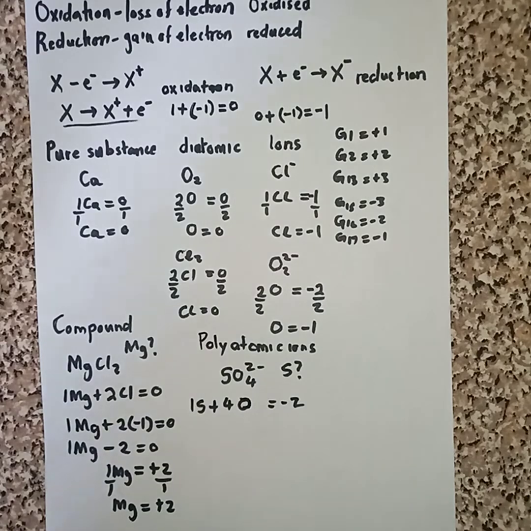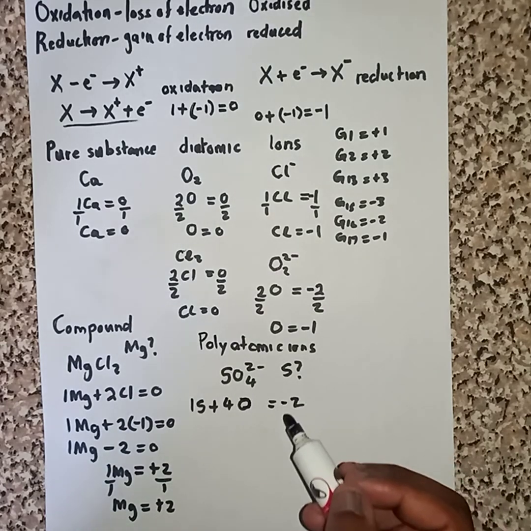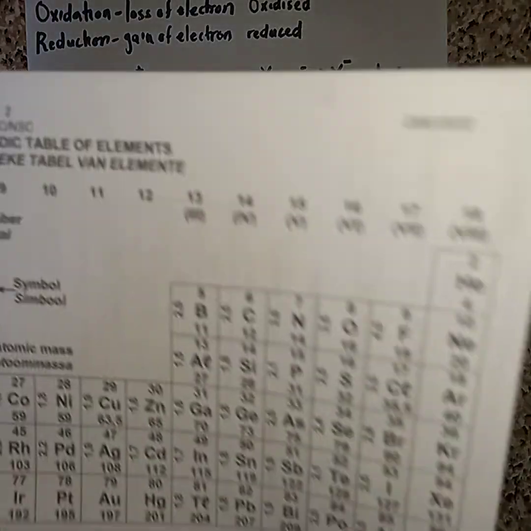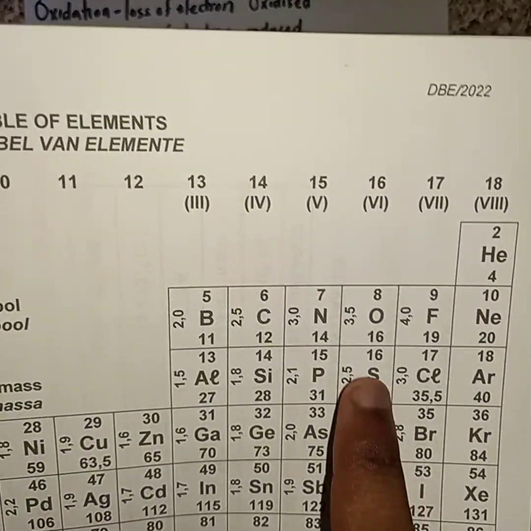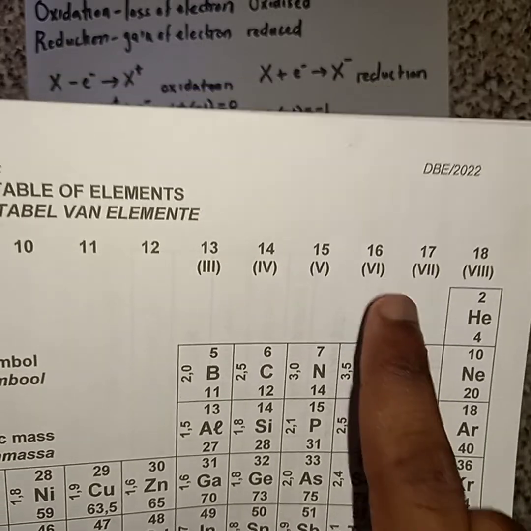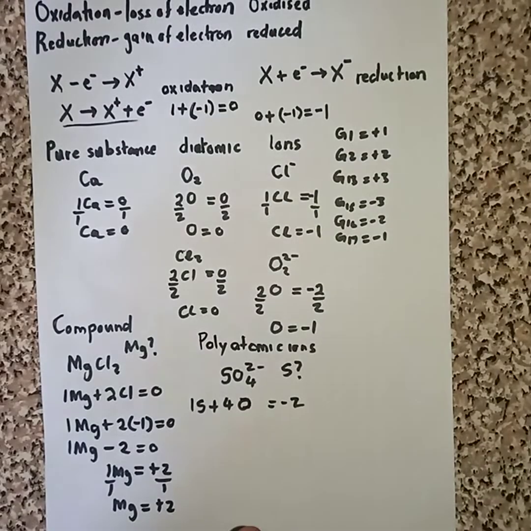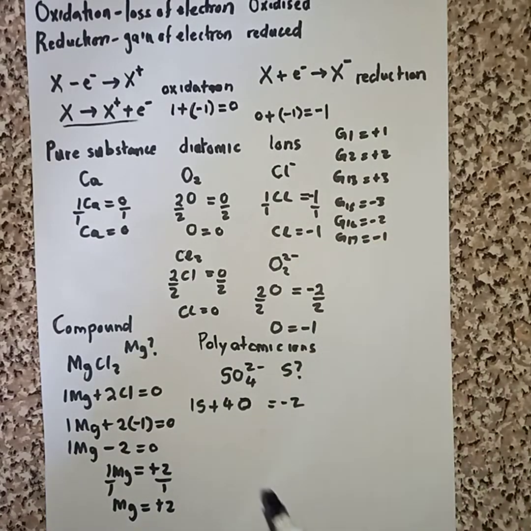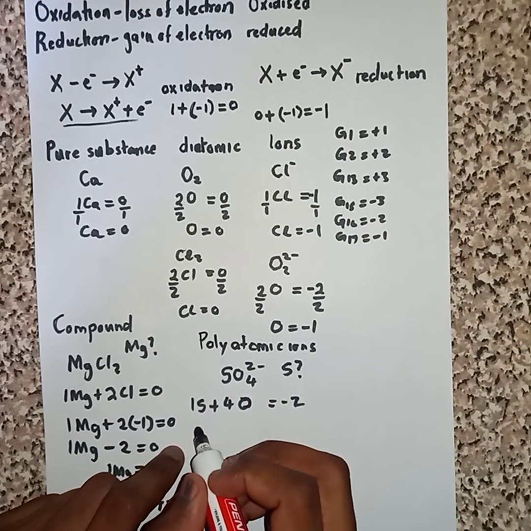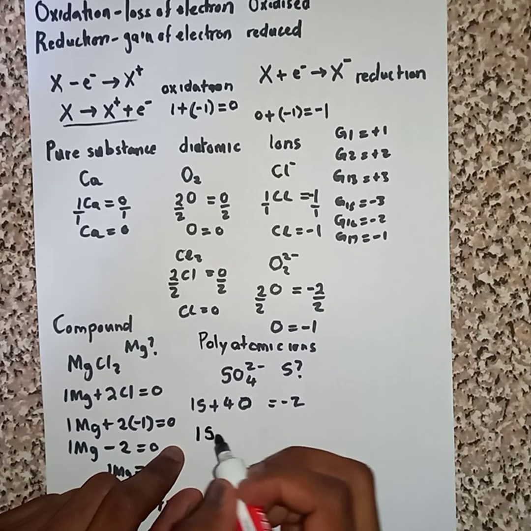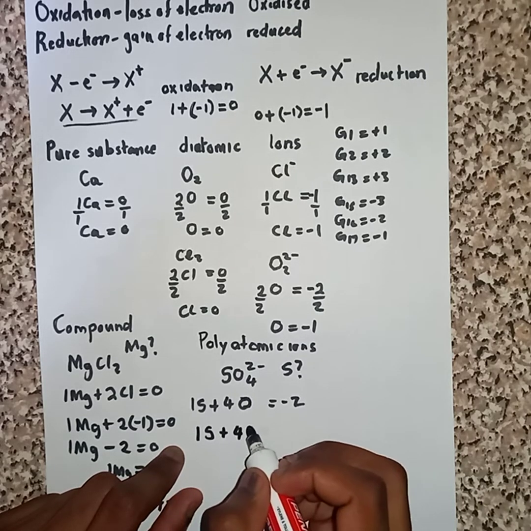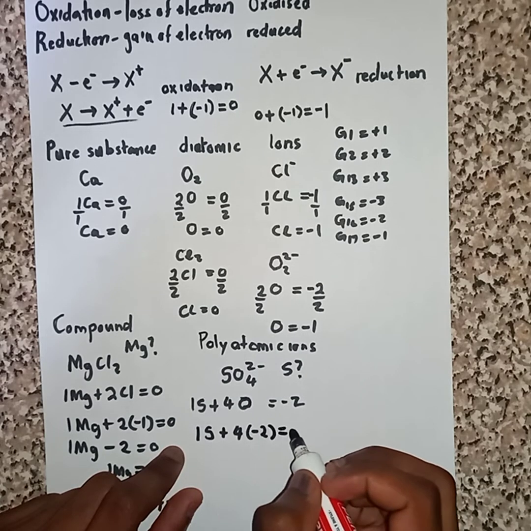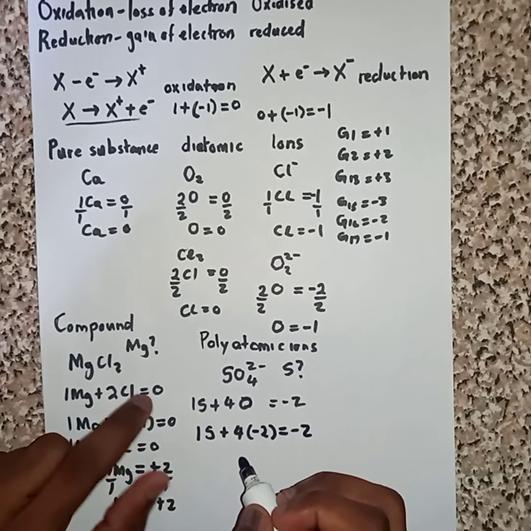Let us go to our periodic table. They want us to find S, so let us look for O. O is in group 16, and group 16 is -2. Where you see O, you put -2. It's going to be 1 S plus 4 open bracket -2 close bracket equals -2. Let us solve this.